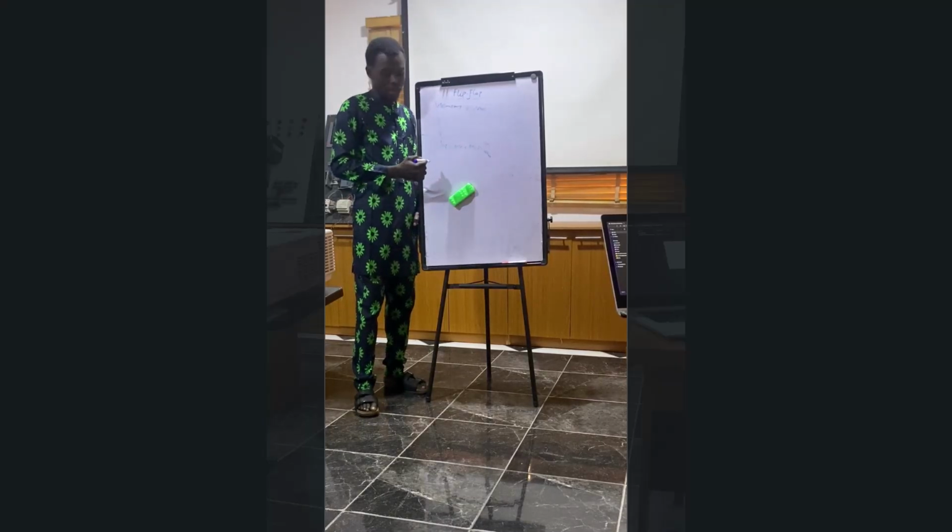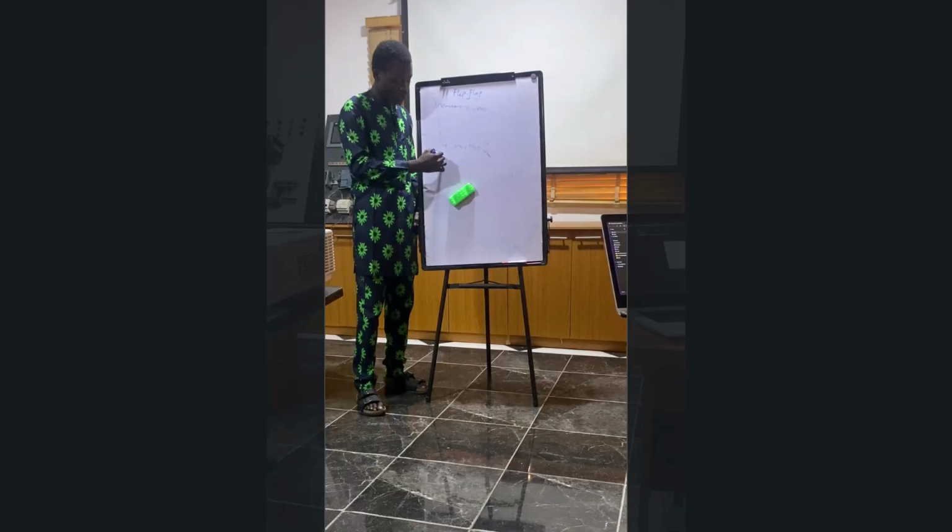And then you have the MB, which is the memory byte, and you have the MW, which is the memory word, and you have the MD, the memory double word.